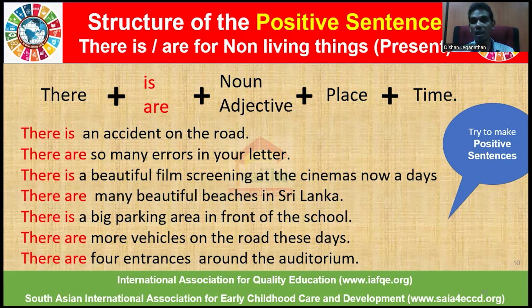Hence, we use are. There is a big parking area in front of the school. There are more vehicles on the road these days. There are 4 entrances around the auditorium. So the entrances are in plural, which is there are 4. Hence, we make use of are.